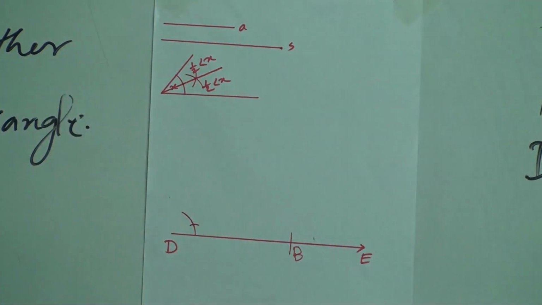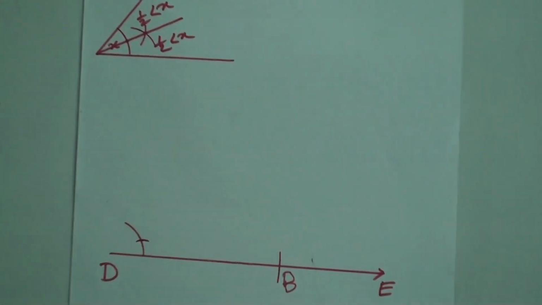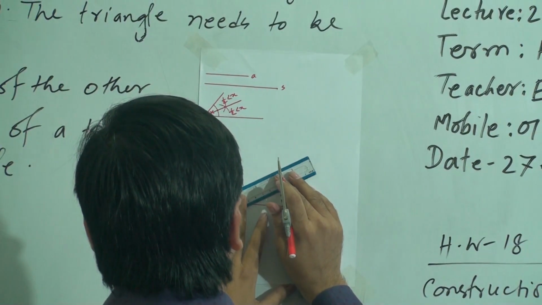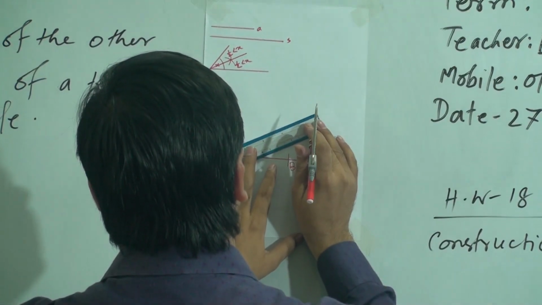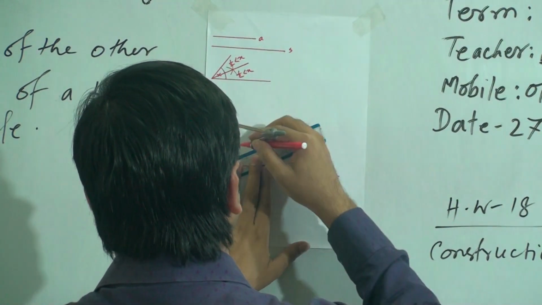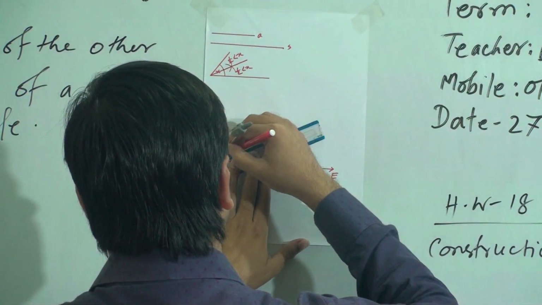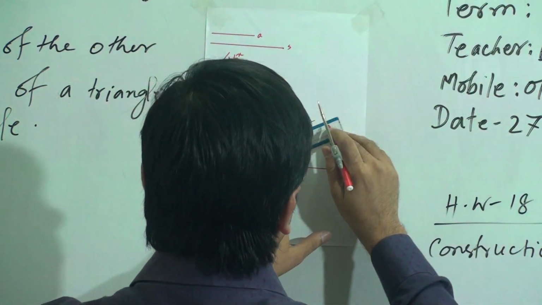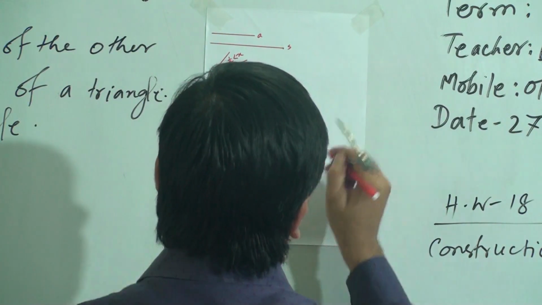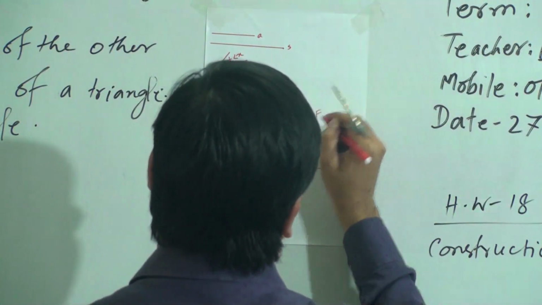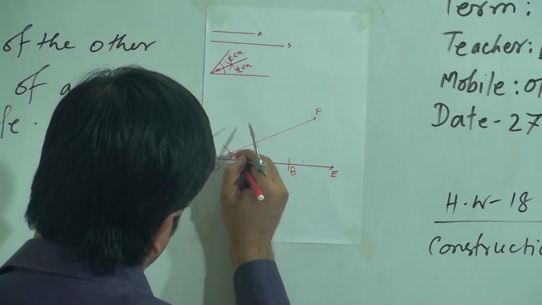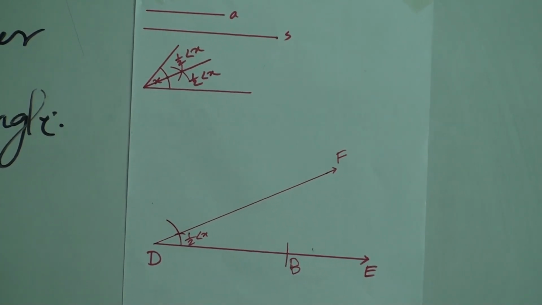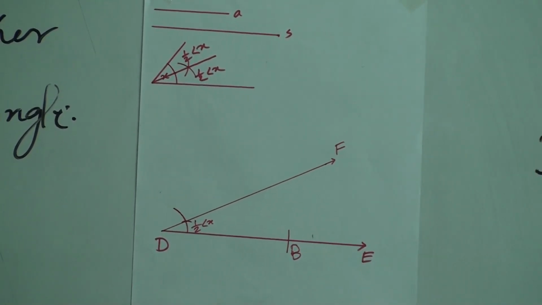Okay, now draw the angle BDF that is equal to half of angle X. Angle BDF equal to half of angle X.